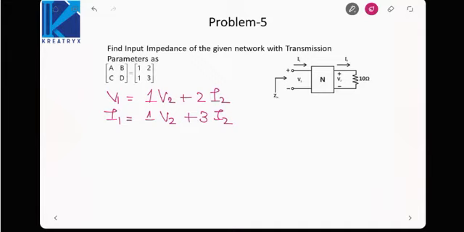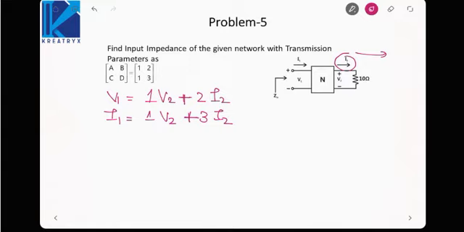Since I2 is shown going outwards, that is why I am taking directly the plus sign, otherwise I have to take minus I2. Remember this thing in the transmission parameters. If you take I2 as going into the network, you have to take minus I2. If it is coming out, you have to take plus I2.